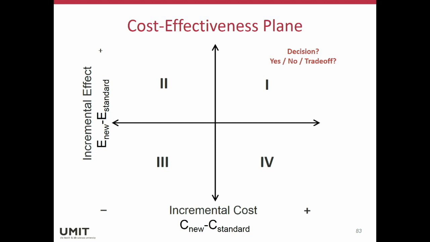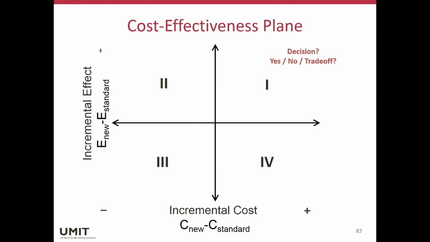And now we have 4 quadrants. And what would be the decision about implementing the new treatment or the new healthcare intervention, depending on in which quadrant you are? So decision to implement or not to implement, or at which point do you have trade-offs?